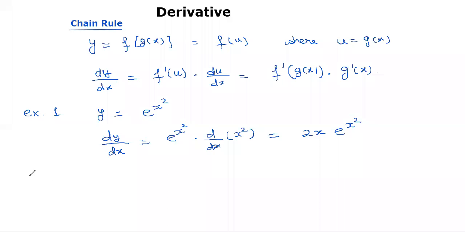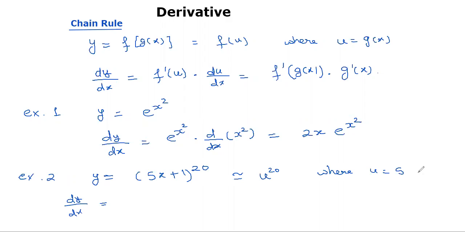Let's have another example where the function is (5x plus 1) raised to power 20. If you want to differentiate this function, we may treat it as a power function, assuming it is equal to u raised to power 20, where u is 5x plus 1.